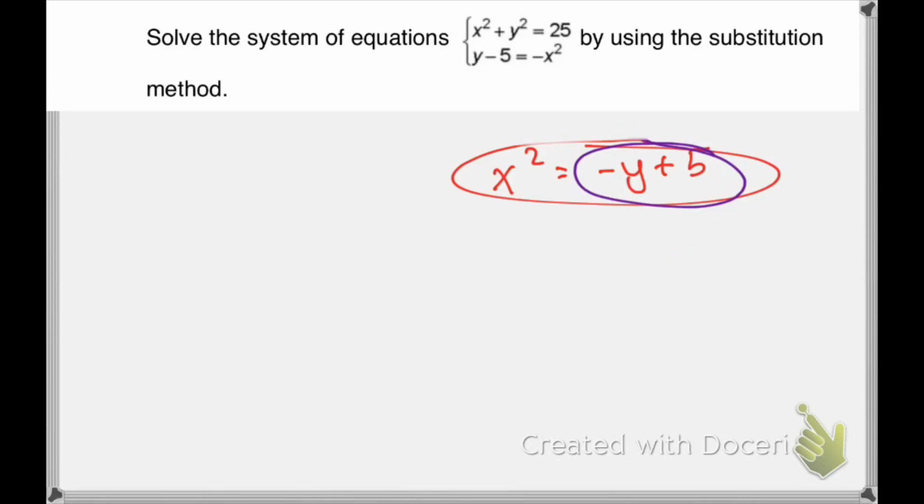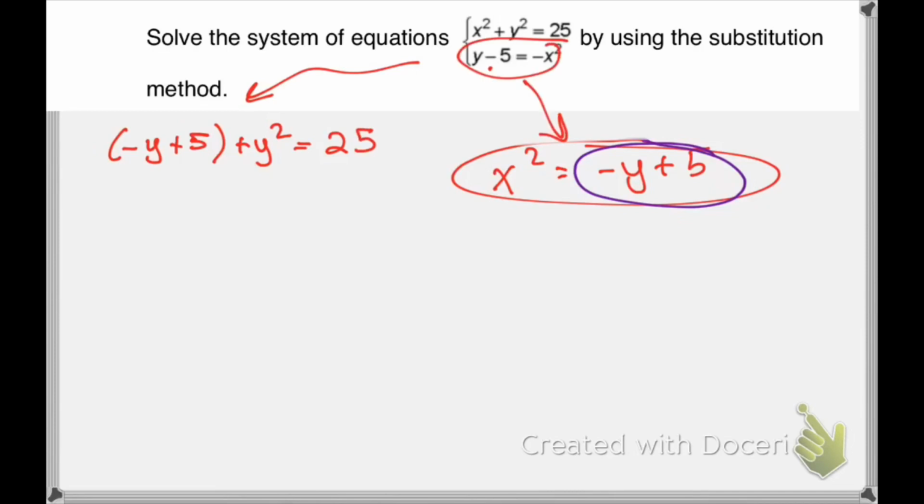This will give me, when I substitute, negative y plus 5 plus y squared equals 25. So this equation goes right there.